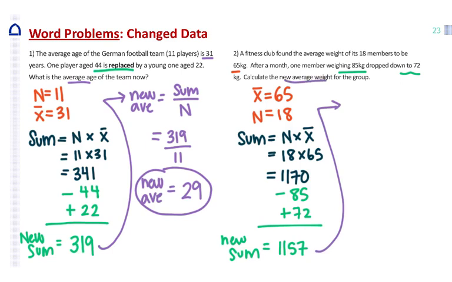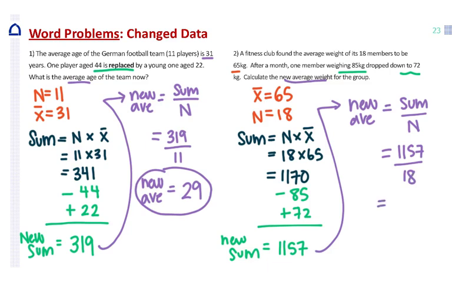We want a new average for the group. So the average is always the sum of the data divided by the number of data points. We have a new sum, in this case, 1157. The number of members of the club is the same. Same guy, but he just dropped weight. So we still have the same number of people in the gym.